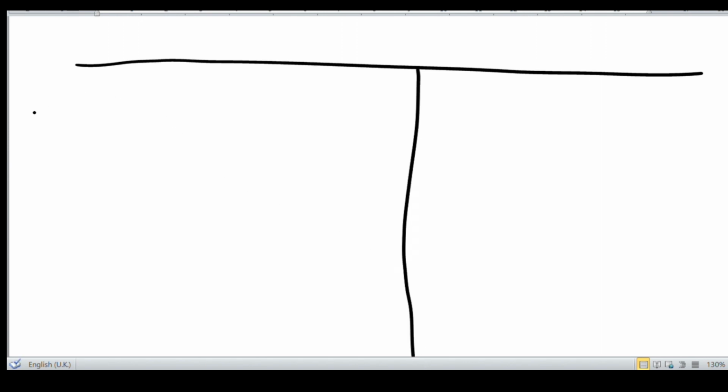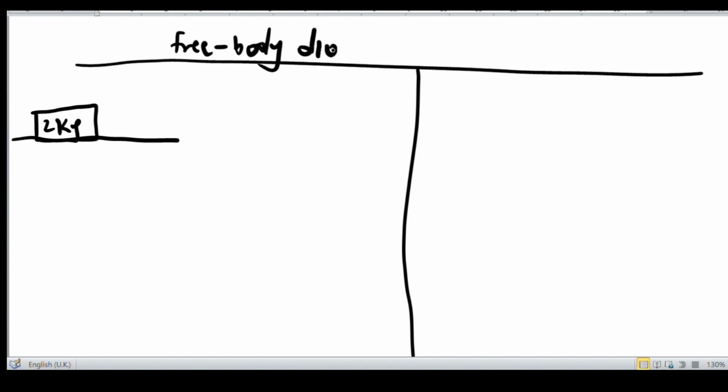Okay, so I have this object, a 2 kg block. So I have the net force, how to calculate.